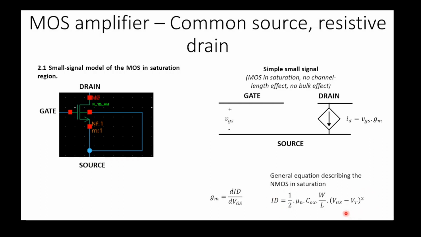This equation is very general. For large signal, for small signal, for DC analysis, we can always use this equation. That's why it's a general equation. With this equation, we have the drain current and the gate source voltage. We can differentiate the drain current with respect to the gate source voltage, and we get the parameter transconductance.